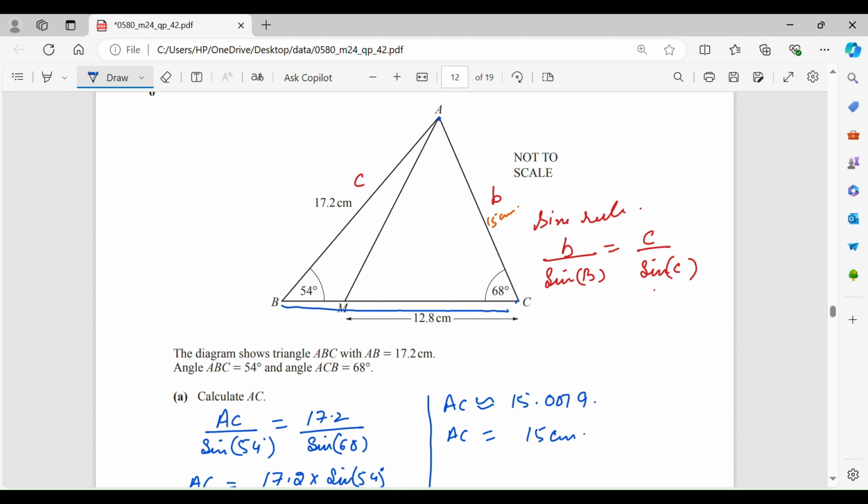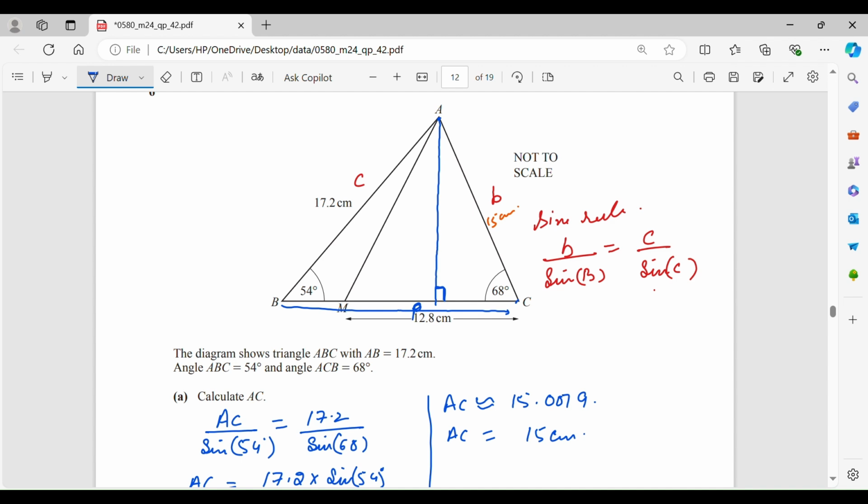From A to BC we construct a perpendicular, and this perpendicular makes 90 degrees. Let the foot be P. We have to calculate the length of AP.